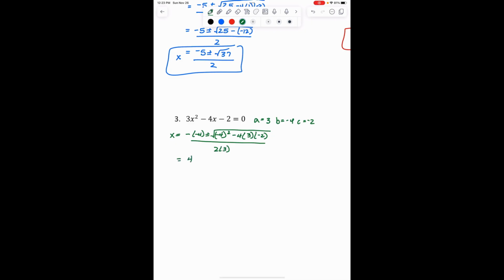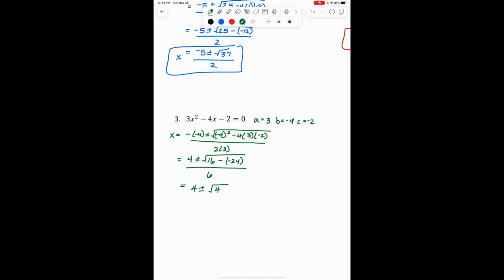So that would turn to positive 4. Negative 4 squared is positive 16 minus 4 times 3 is 12. 12 times negative 2 is negative 24. All over 2 times 3, so all over 6. So 4 plus or minus 16 minus negative 24.